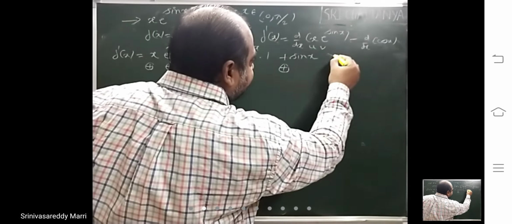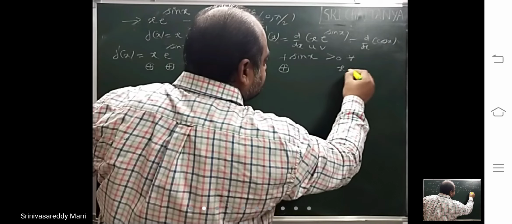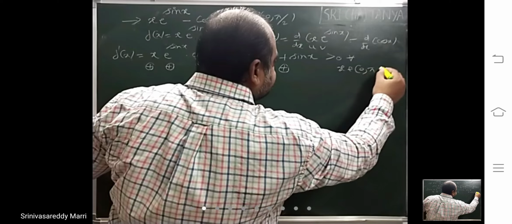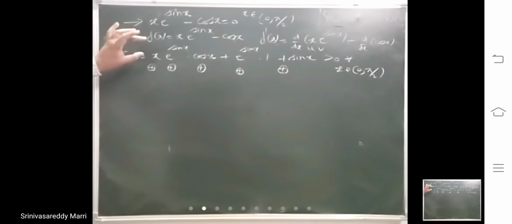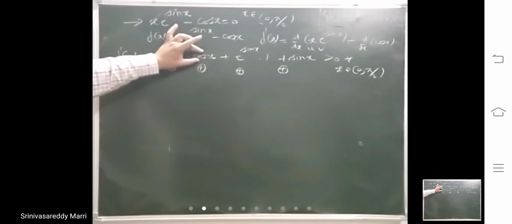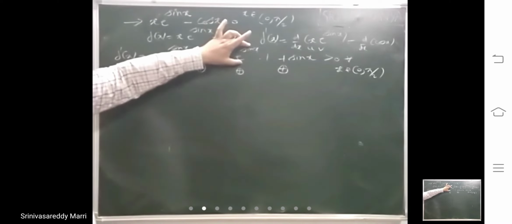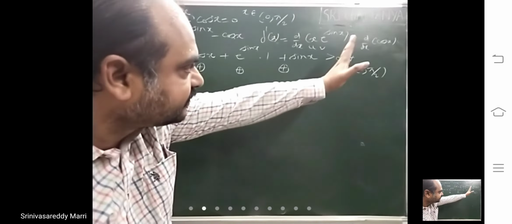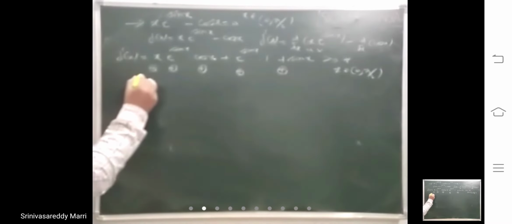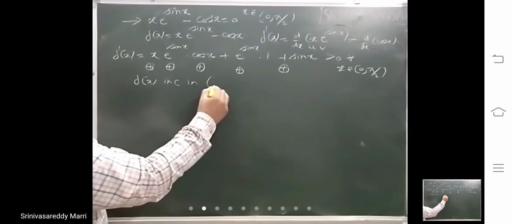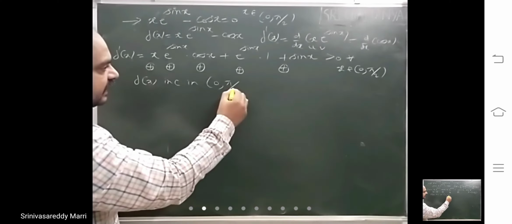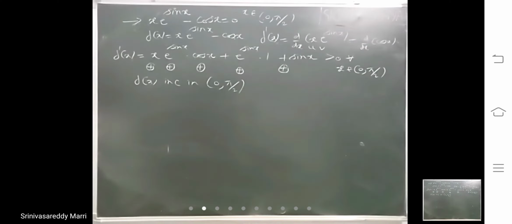Directly we can say f dash x is greater than 0 for all x belongs to 0 comma pi by 2. Therefore, f of x increases in 0 comma pi by 2.